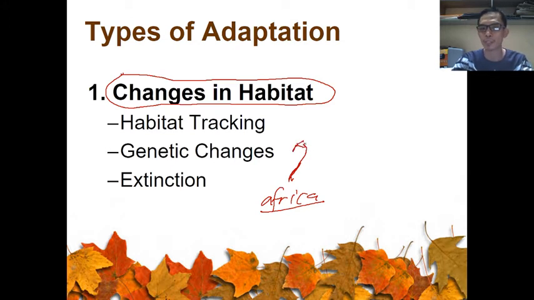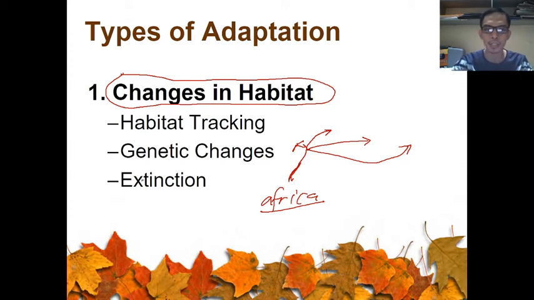Some of them stayed in Europe, some stayed in Central Asia, some stayed in Southeast Asia, and some started to walk towards North America, and so on and so forth. With that particular movement, organisms change their habitat and become suited to the new environment they are located in.